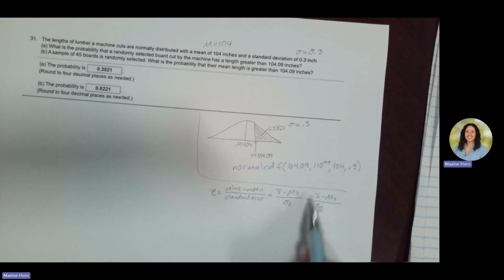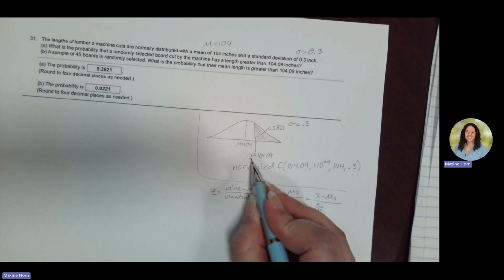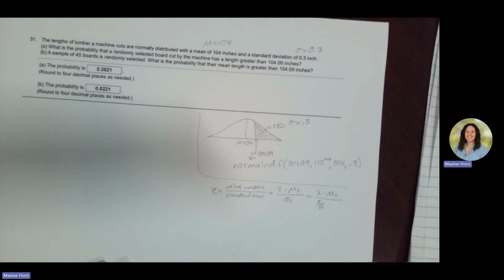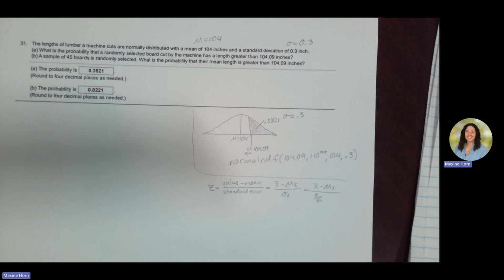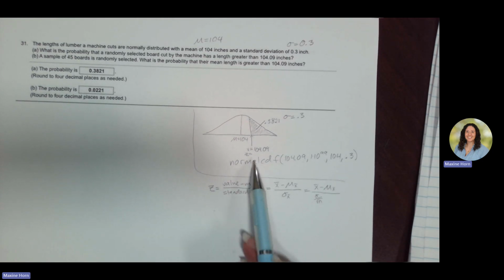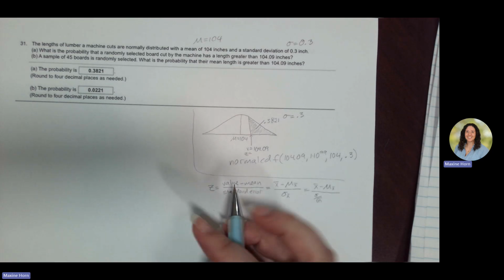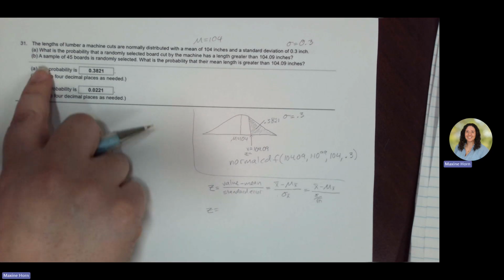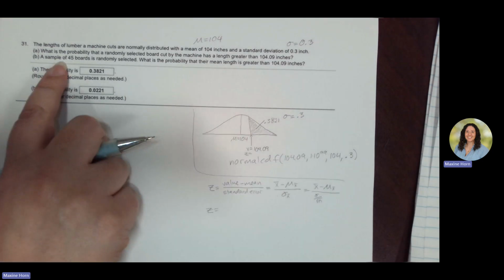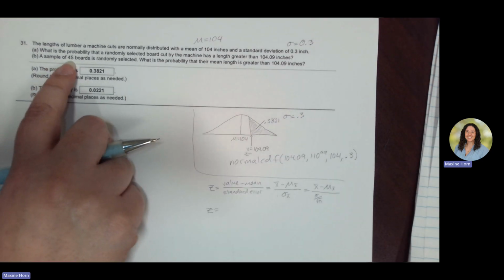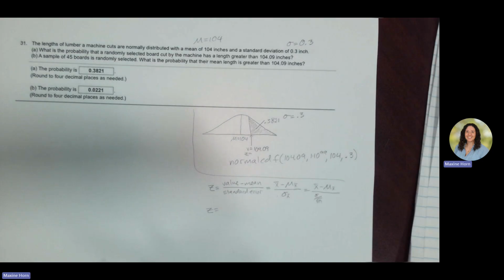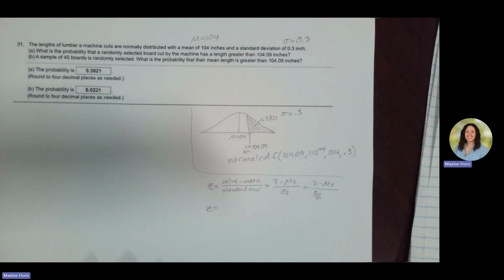So this is the formula that we're going to use to find the corresponding z-score here, right? Remember we talked about how we could, if we wanted to do that intermediate step, well, we have to do that intermediate step because we're being asked for a different thing. We're being asked specifically if we had a sample of 45 boards, not just all boards, but a sample of 45 boards. That's why we have to use this special formula, okay?